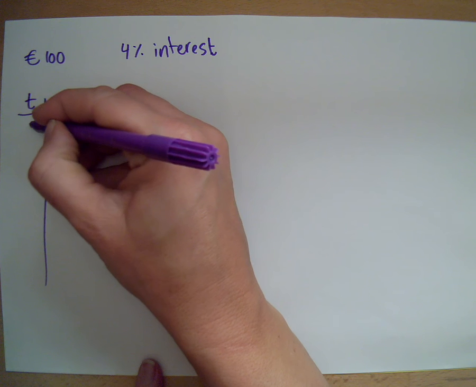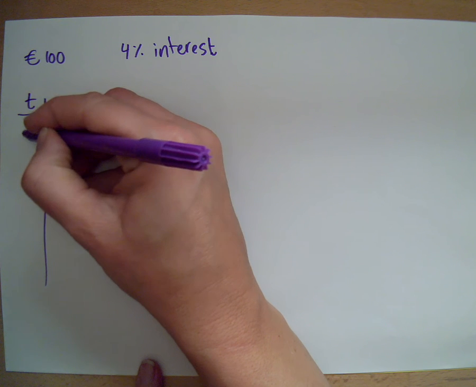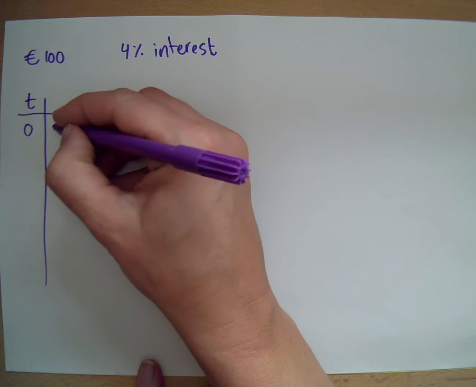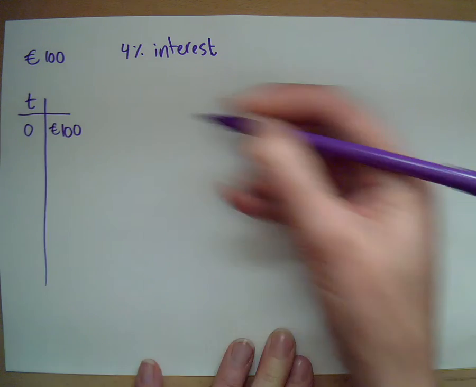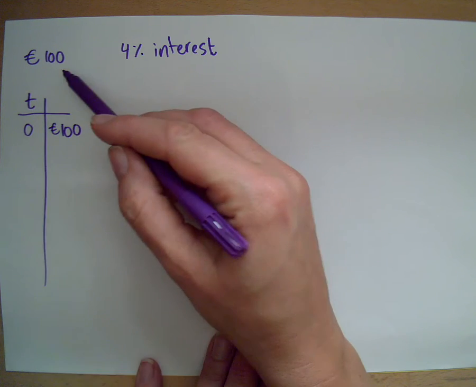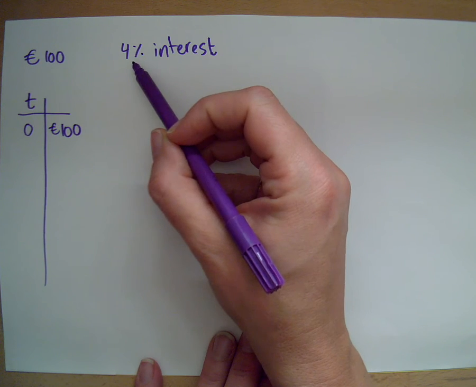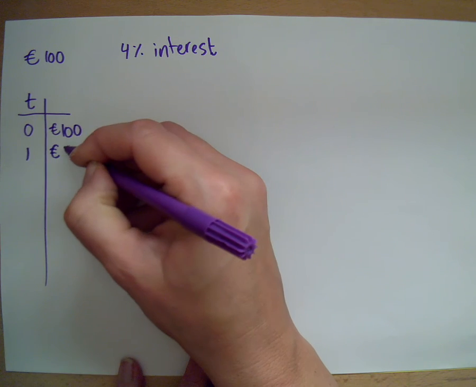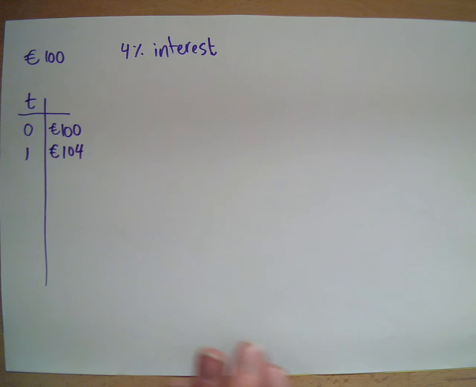So before we start, before the money starts growing, time is 0. We put it in and it's 100 euros, right? After a year, we get our 100 euros plus 4%. So 104 euros in the bank.